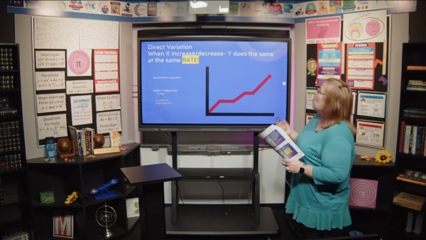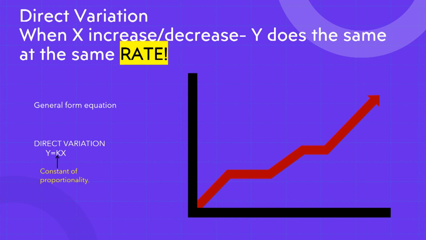Direct variation, when my x increases or decreases, my y does the same at the exact same rate. So we said that my general form, as right here, is y equals k times x, and it tells us that our k is our constant of proportionality.